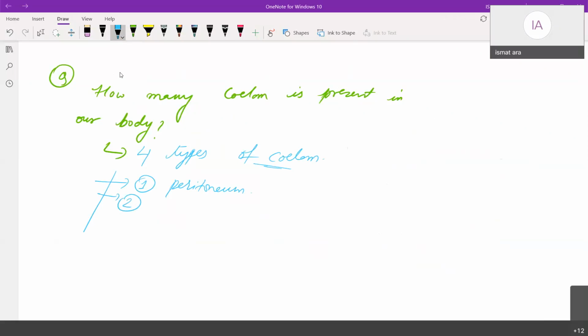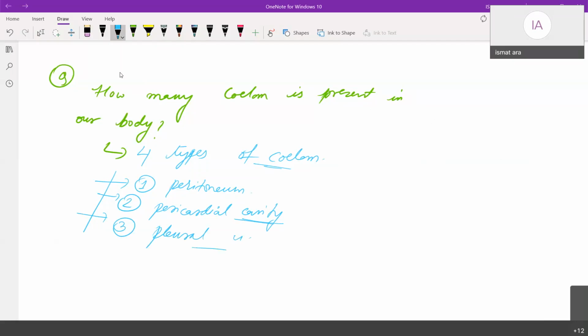Second one, remember that the pericardial cavity, the cavity in which the heart is present. Cavity means coelom, so where the heart is present is called the pericardial cavity. Now the third cavity is the pleural cavity.